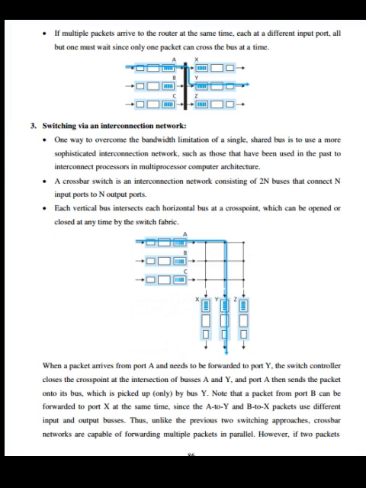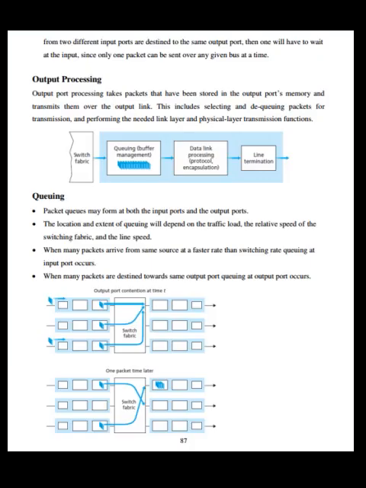Thus, unlike the previous two switching approaches, crossbar networks are capable of forwarding multiple packets in parallel. However, if two packets from two different input ports are destined to the same output port, then one will have to wait at the time since only one packet can be sent over any given bus at a time.